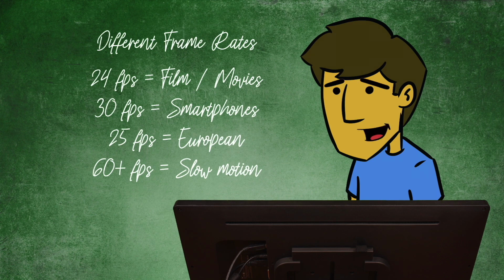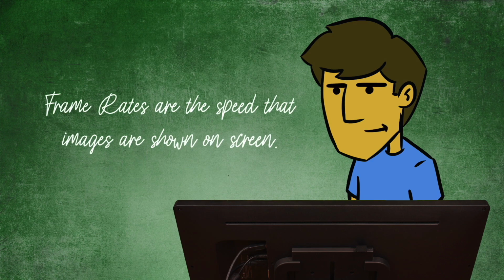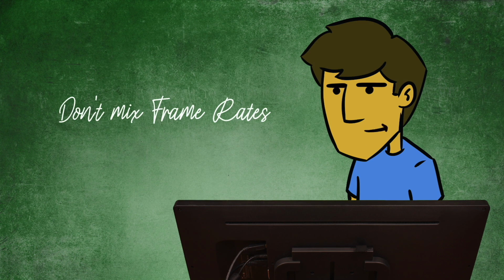So if you're an American, you either want to pick between 24 and 30 frames per second. Frame rates are the speed the images are shown on screen. Don't mix frame rates. This is important. If your project is shot in 24 frames per second, you don't want to build your animation project in 30 frames per second, and vice versa.